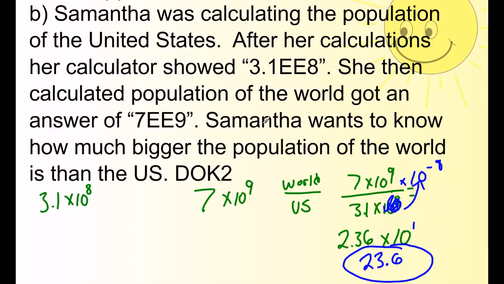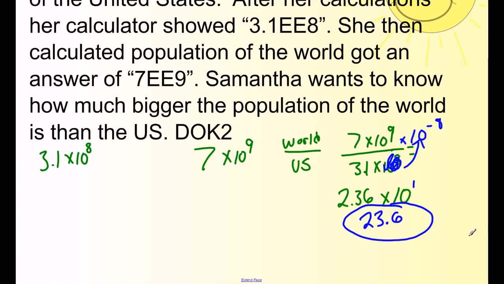So this order of magnitude, how much bigger, how many times bigger, the way you would do that is you would set up a ratio. Like, for example, think of an easier example. If you had a sandwich that was 8 feet long and another sandwich that was 2 feet long.